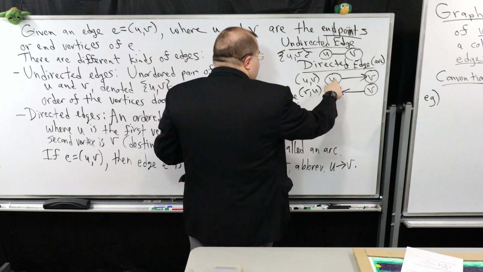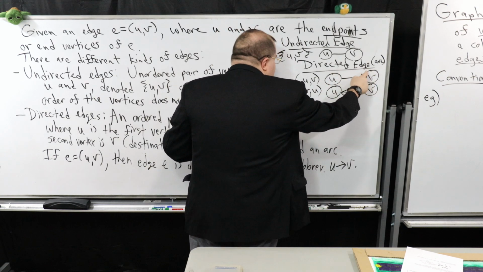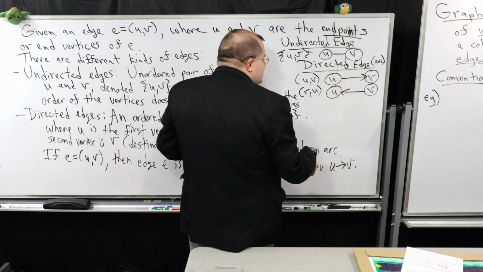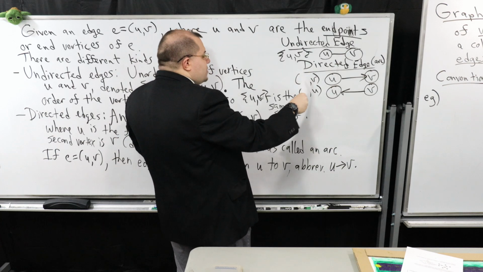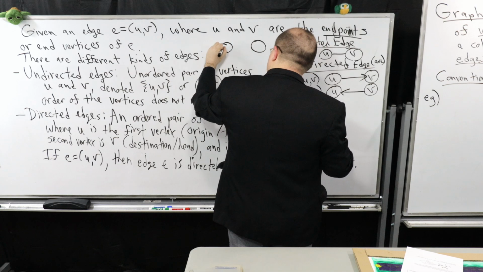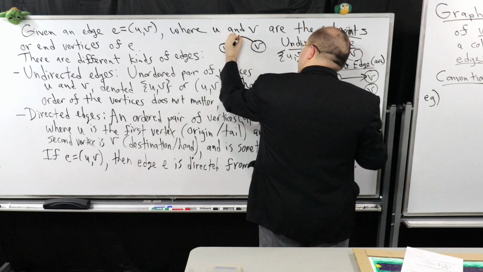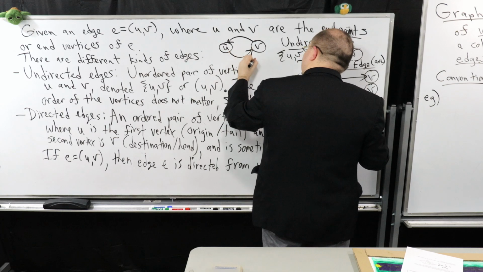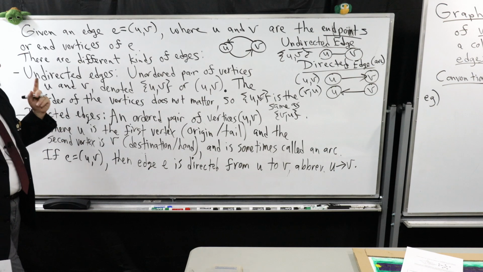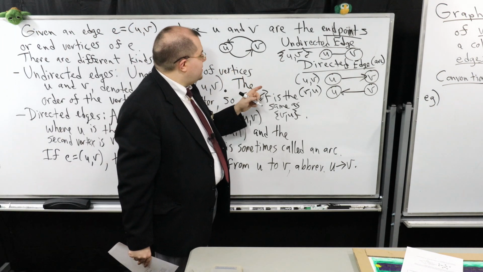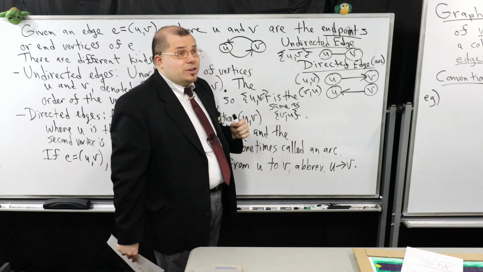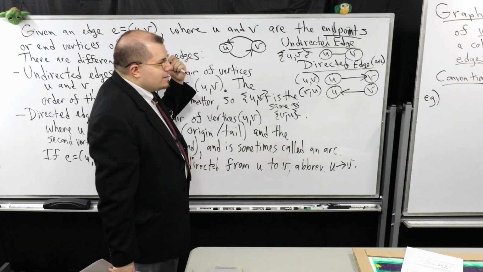However, notice that in a directed edge, I go from U to V, I don't go from V to U. I'm gated off from it because of the direction of the edge. So if I ever wanted to make something that looks like an undirected edge using directed edges, I could just do this. I can make two directed edges pointing at each other. So I can make an undirected edge from two directed edges. Now I could go from U to V and V to U, just like I have for the undirected edge.